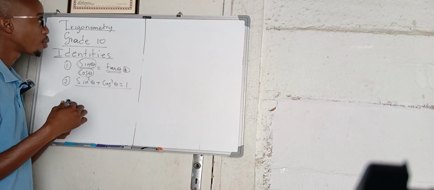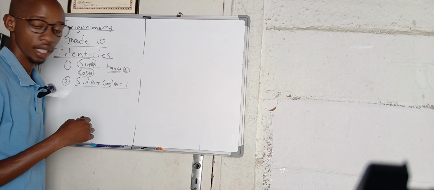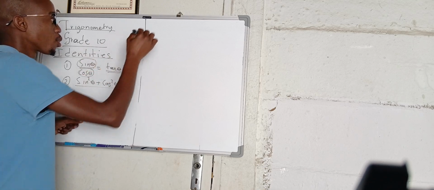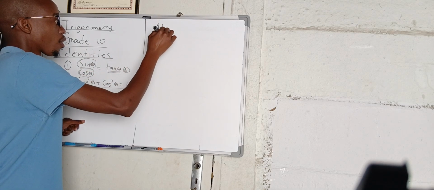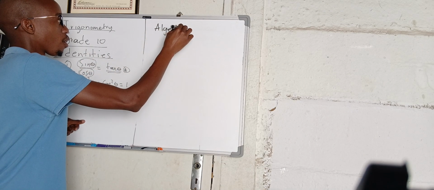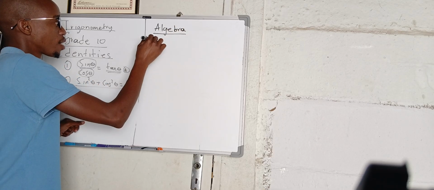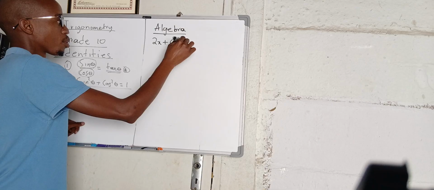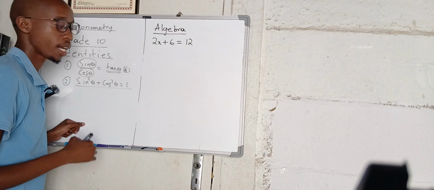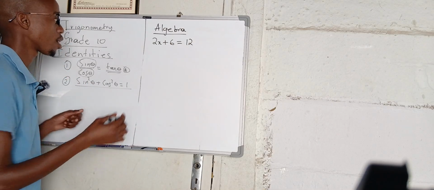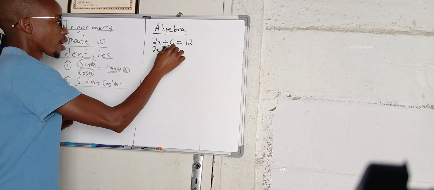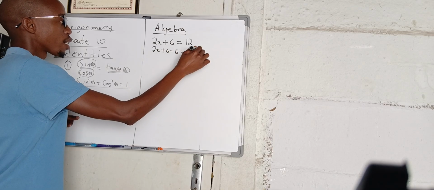Now, we will be given a question like, let me remind you also, let's come to algebra. If I give you 2x plus 6 is equal to, let's say, 12, and I say to you, solve for x, you will be saying 2x plus 6 minus 6 is going to be equal to 12 minus 6.